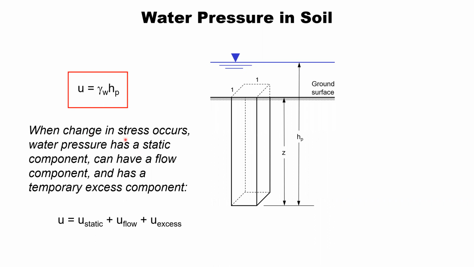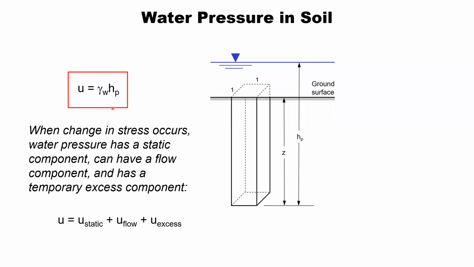When that change in stress occurs, there's going to be a volumetric response to that new stress, and it's going to manifest itself, at least initially, as an excess or additional water pressure. Once again, we can still use that same equation, unit weight of water times pressure head, to define this water pressure. But once again, it is this pressure head that is going to change.